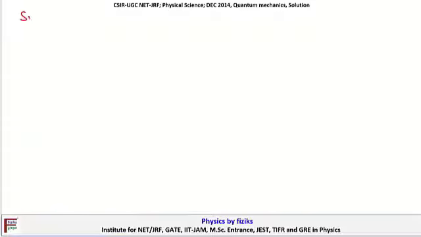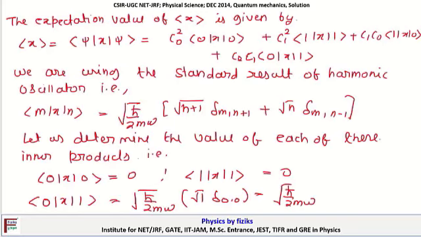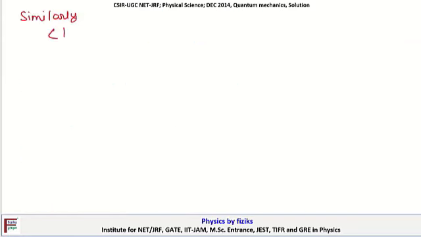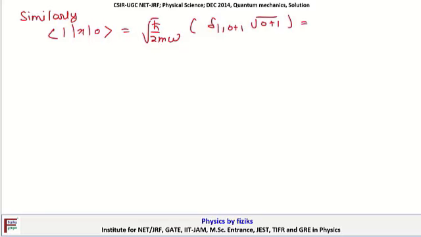Similarly, 1x0 will be root over ħ by 2mω. Here delta 1 into 0 plus 1, and here you would be having 0 plus 1. So this gives us ħ by 2mω.